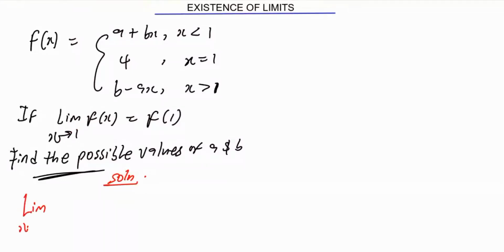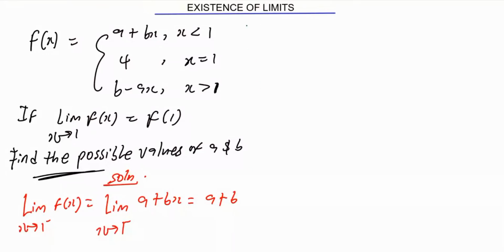Limit as x tends to 1 from the left of f of x will be equal to the limit as x tends to 1 from the left. From the left, x less than 1, I'll be picking a plus bx. And if I'm substituting my 1 here for x, I'll be having a plus b. It means that the limit as x tends to 1 from the left of this function f of x gave me a plus b.